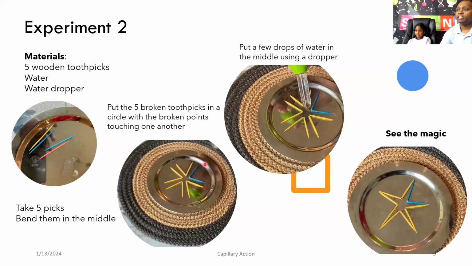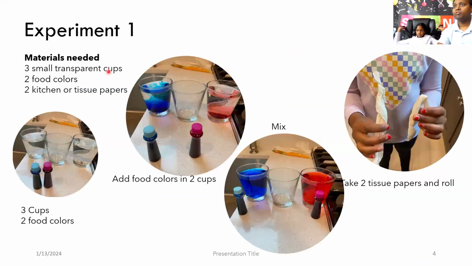We just arrange the toothpicks in a round shape and drop the water in the middle. You'll see that the water makes the capillary action, makes the ends touch each other like a star. So it's pretty interesting. So if everyone is ready with what we want for this experiment, we can start right now.